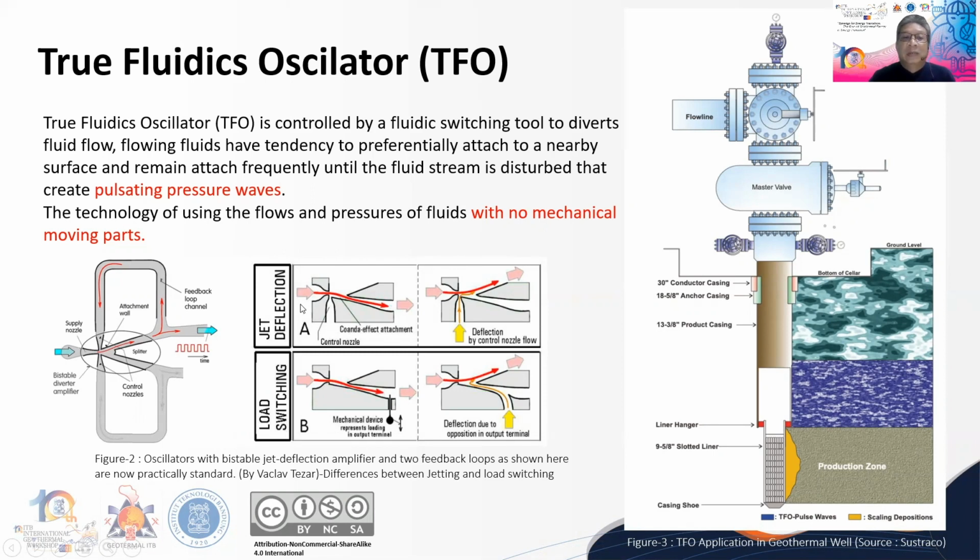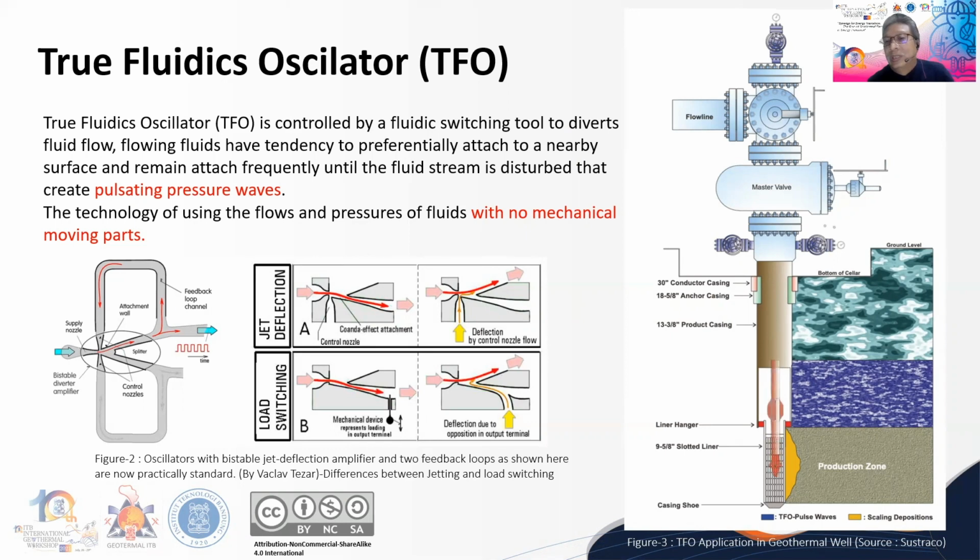In jet deflection, once we pump fluid, another agent will put more power into the fluid and it becomes a jetting effect. But in load switching, once the fluid is pumped into the system, the other cycle will go another way, which means it will be switching very fast, in microseconds.